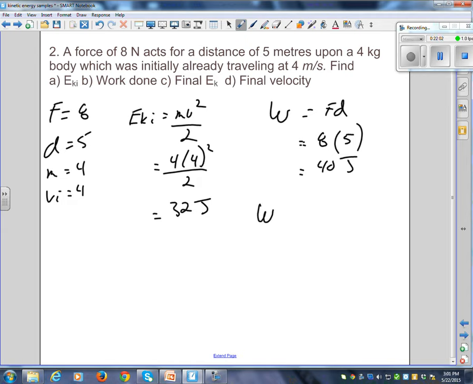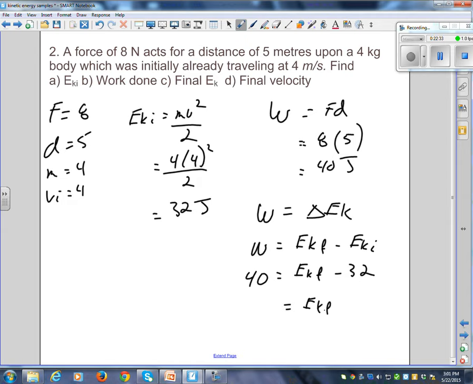Well, work is the change in kinetic energy, final minus initial, and as I take that to the other side, I get 72.